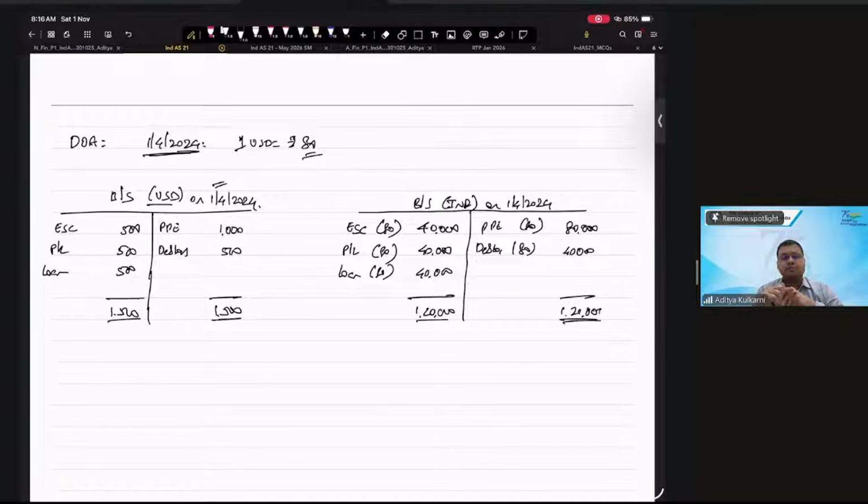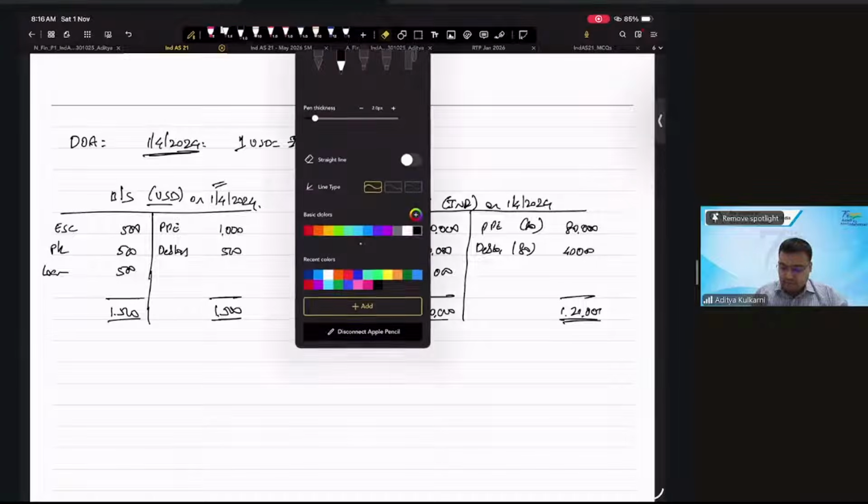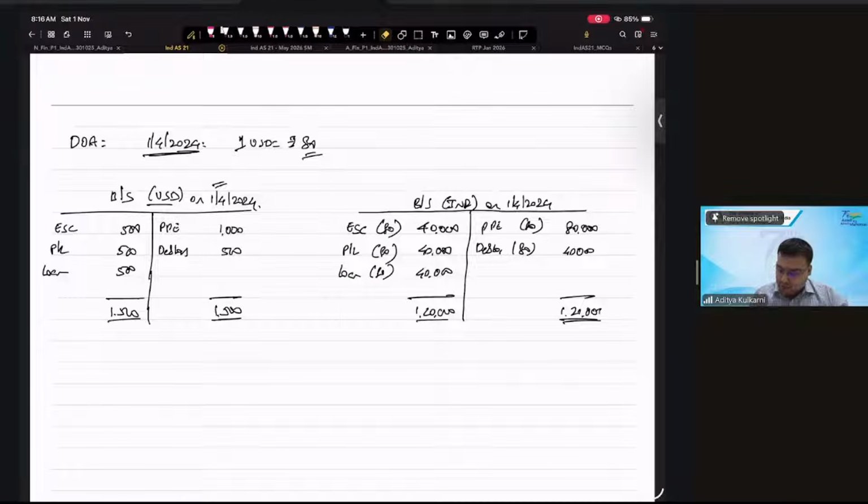I'm keeping it simple for you. Let us suppose on 2nd April, same balance sheet, no operational changes, but your exchange rate is 81 rupees.